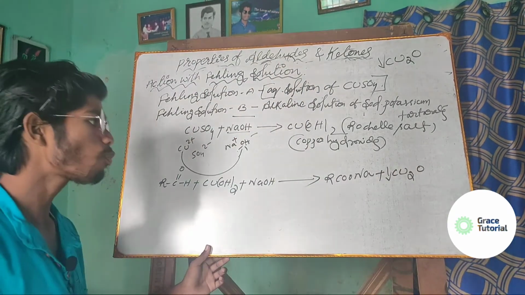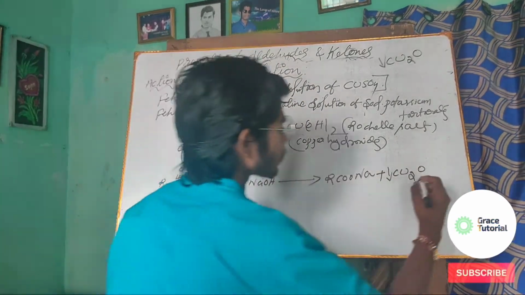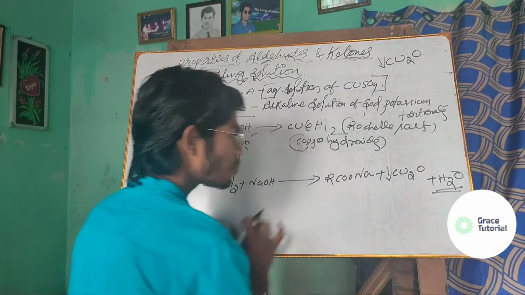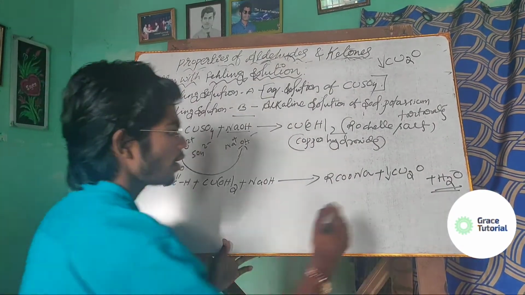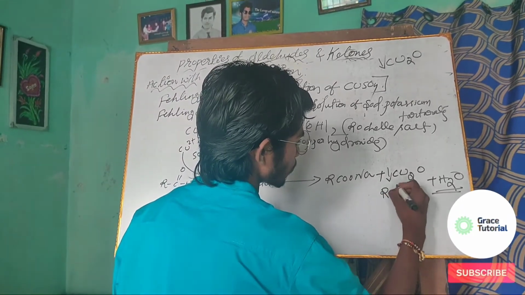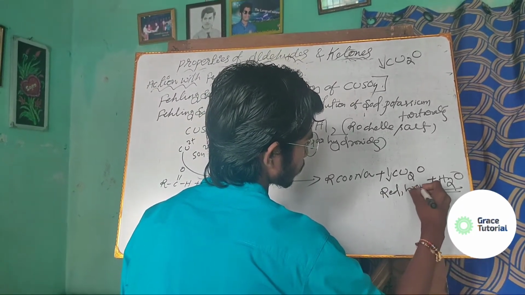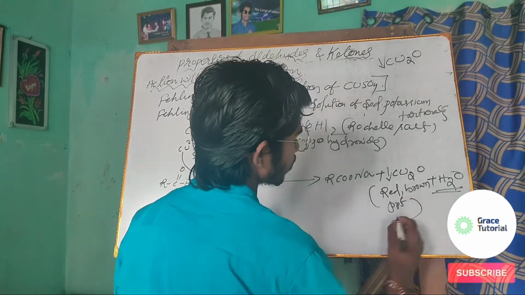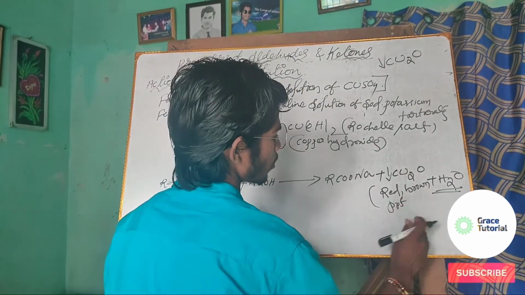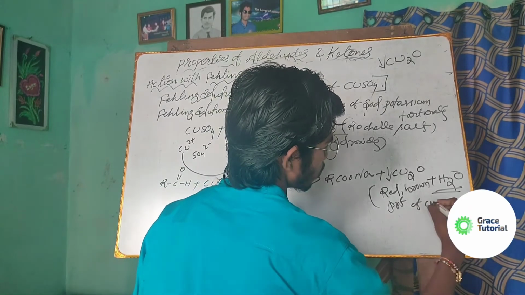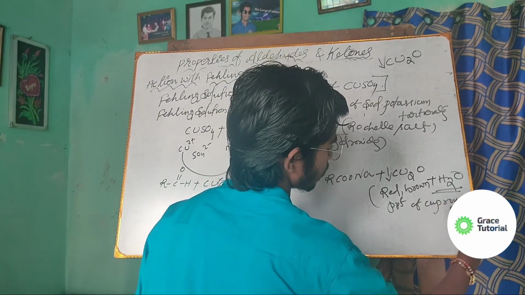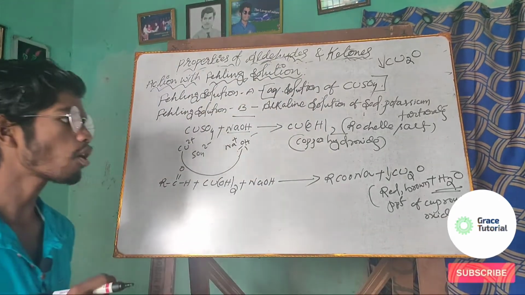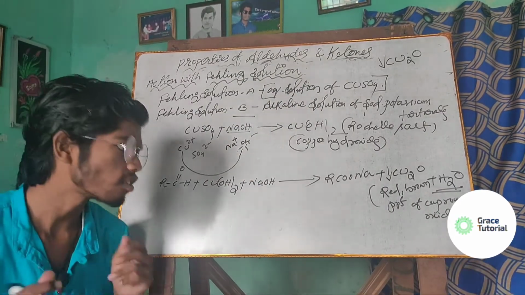A red-brown precipitate of Cu2O is obtained, along with water molecules. But the most important point to remember is that a red-brown precipitate of cuprous oxide is obtained.